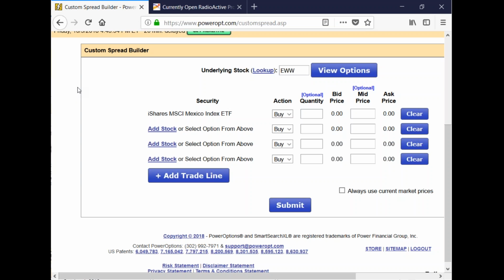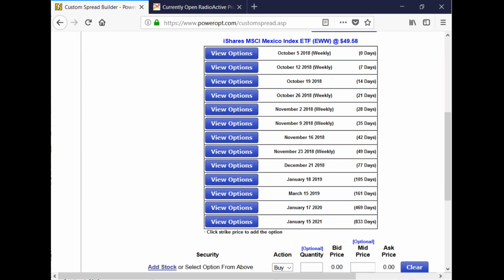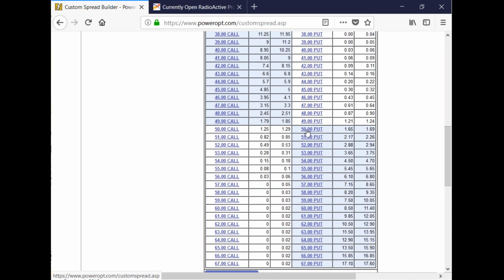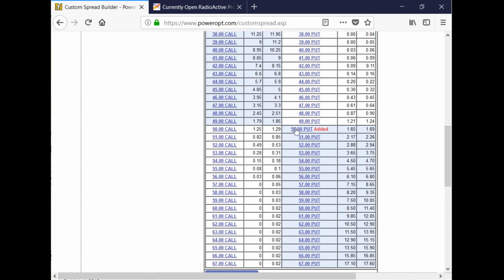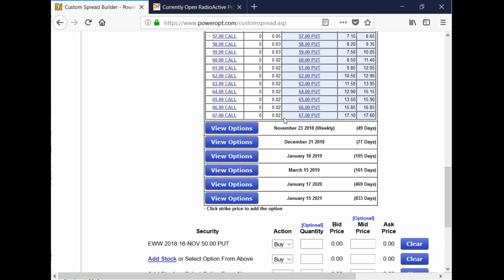What if instead of buying 100 shares of EWW, this is not a recommendation, this is just the example I was using today, at a price around $49.40, $49.50, what if I sold the right, let's go out to November, to maybe buy shares of EWW at 50 for $1.65? So if the stock is below 50 and it's put to me, my cost basis is actually $48.35. But I need that protection.